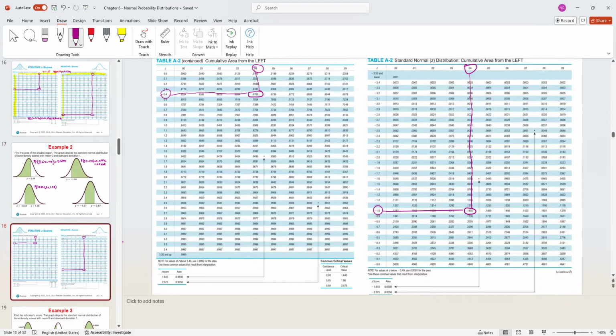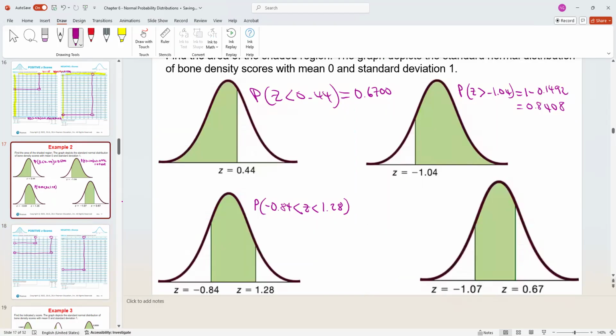So 1.28, 1.2, first of all, this is 1.2. Make it 8 here. 1.28 is this one here. Okay, that makes it equal 0.8997.